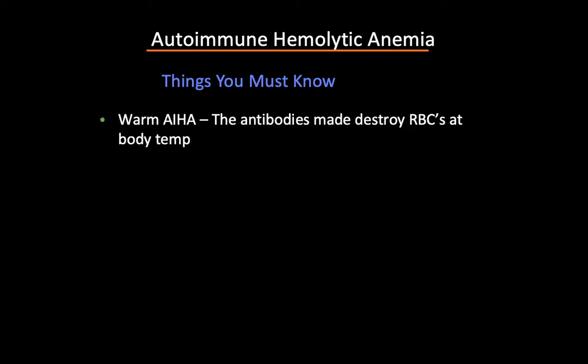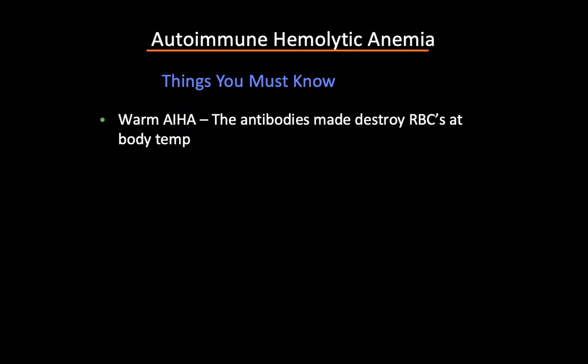Autoimmune hemolytic anemia. There are two types. We call this warm autoimmune hemolytic anemia, and then there's cold. So with warm, the antibodies are being made because this is autoimmune. Autoimmune diseases are all about our body producing antibodies that are going to destroy something by mistake.